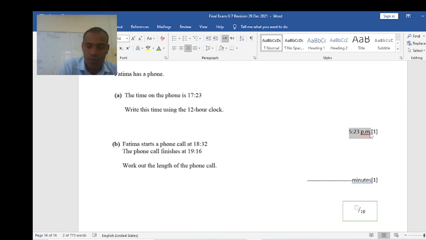Now Fatima started a phone call at 18:32. The phone call finished at 19:16. Work out the length of the phone call. Okay, look here. I will start here.